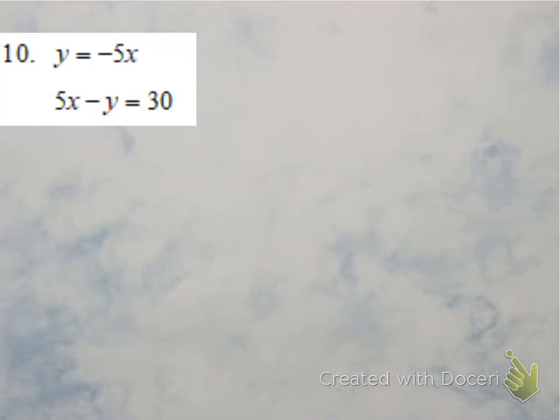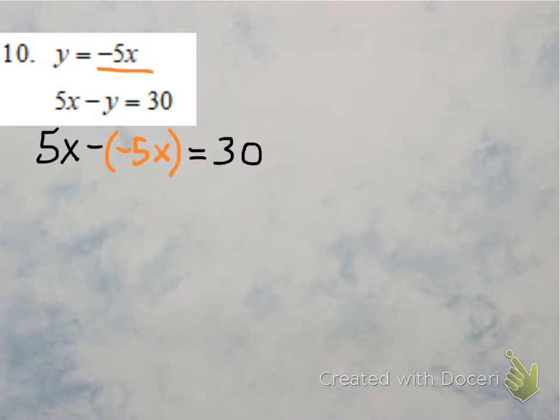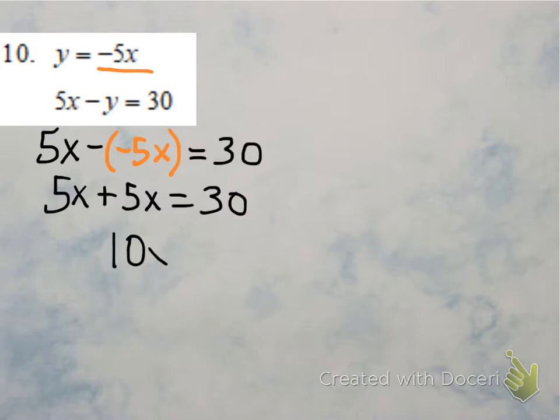Number 10, also have y by itself, so we can replace y with negative 5x. Minus a negative, same as plus positive, so we have 5x plus 5x, which is 10x.